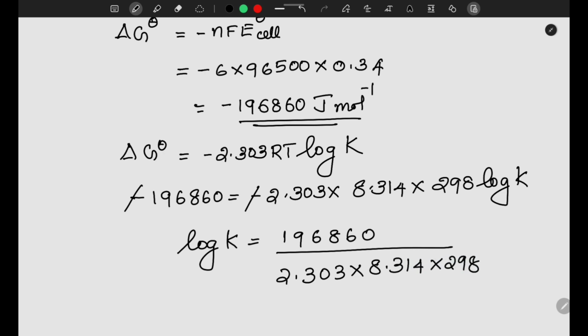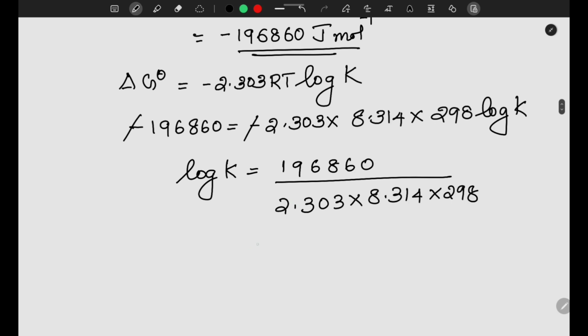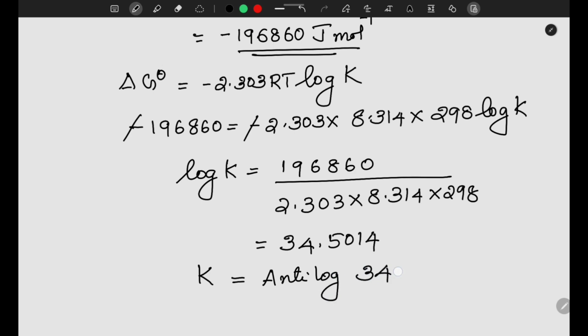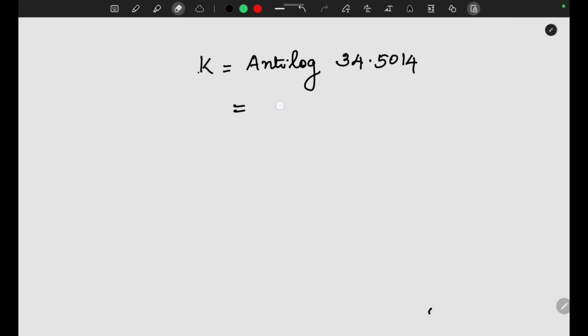So when we simplify, we will get 34.5014. Now K is equal to the antilog of 34.5014. So antilog equals 3.192 into, the characteristic part is 34, so 10 raised to 34.